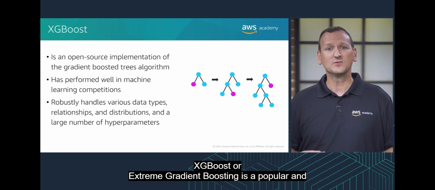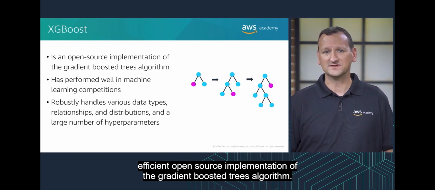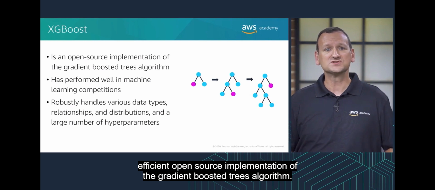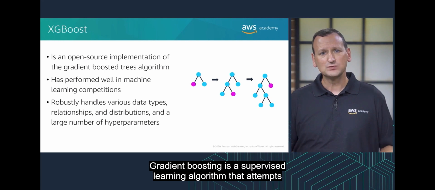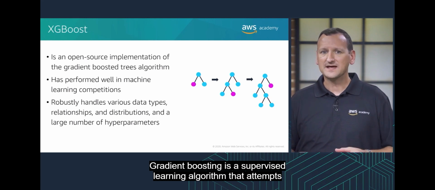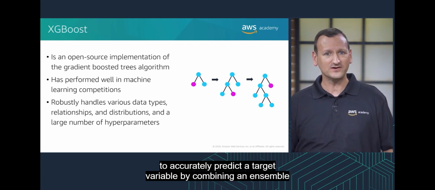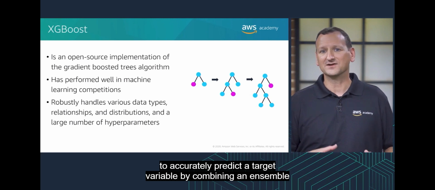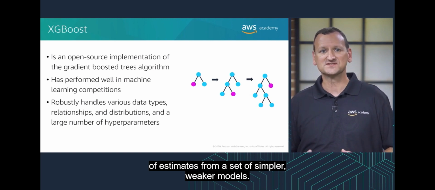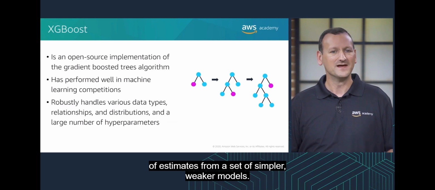XGBoost, or Extreme Gradient Boosting, is a popular and efficient open source implementation of the gradient boosted trees algorithm. Gradient boosting is a supervised learning algorithm that attempts to accurately predict a target variable by combining an ensemble of estimates from a set of simpler, weaker models.